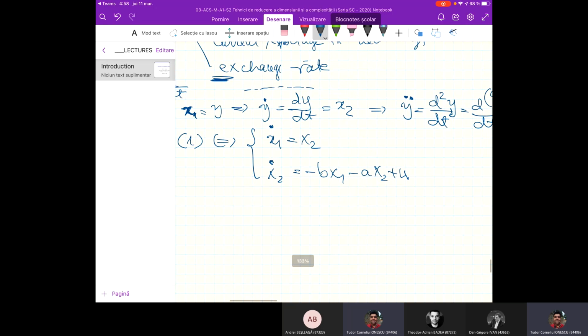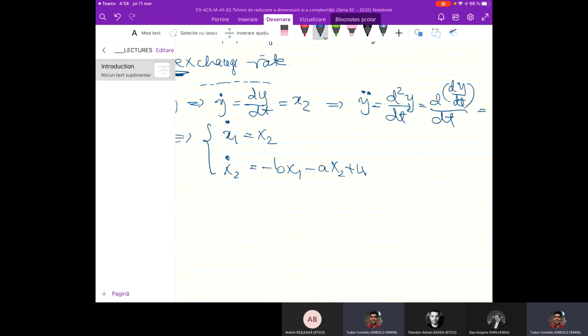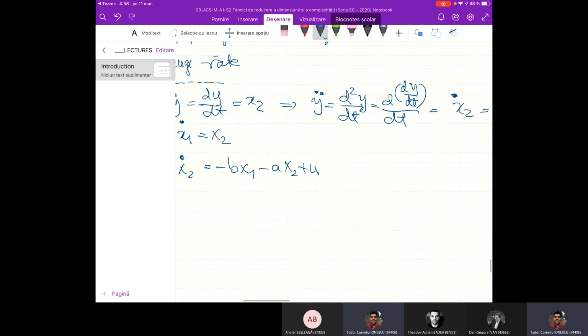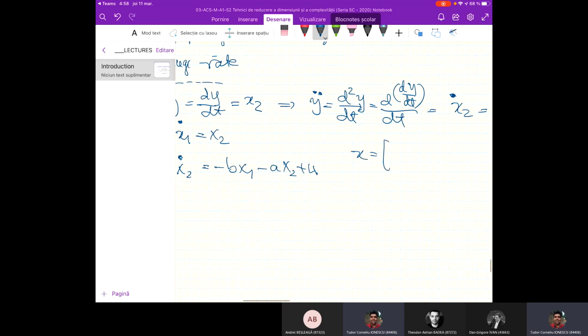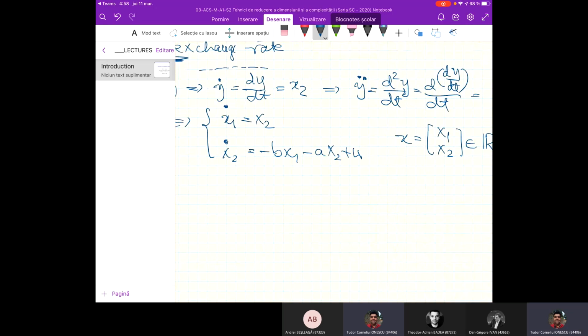Still, this is not in the matrix form that we'd like. But we make the following notation. We call x the vector x1, x2, which is in R2. Then x dot is x1 dot, x2 dot.